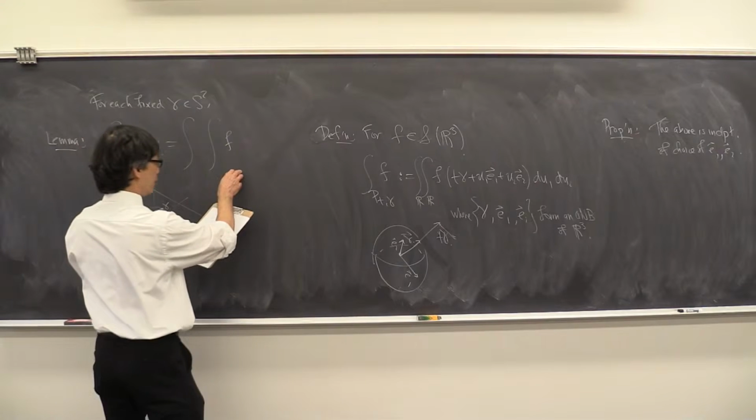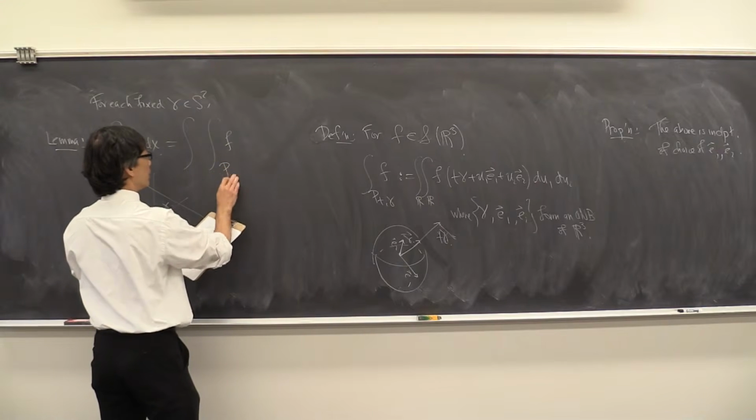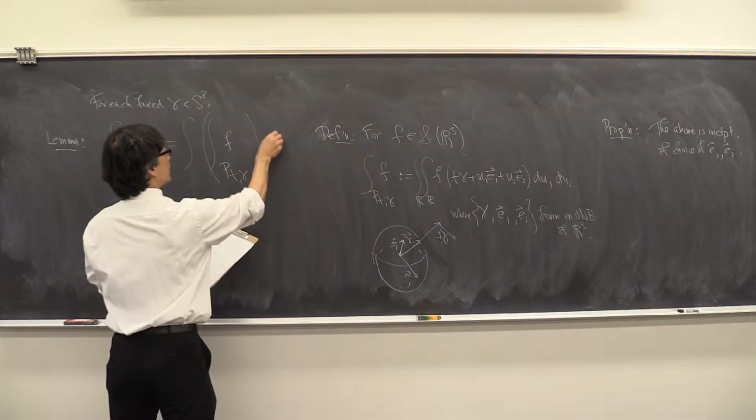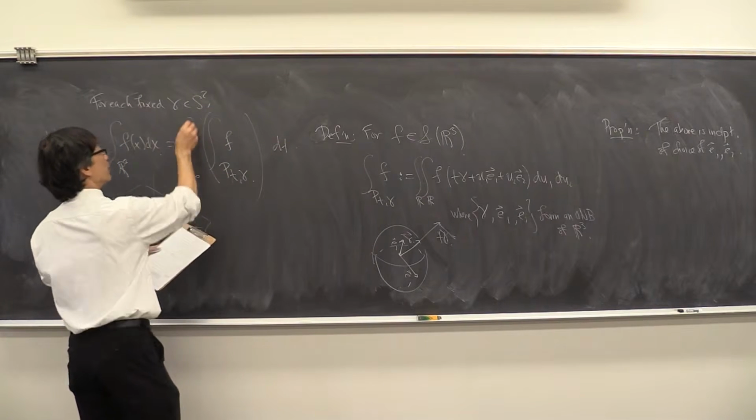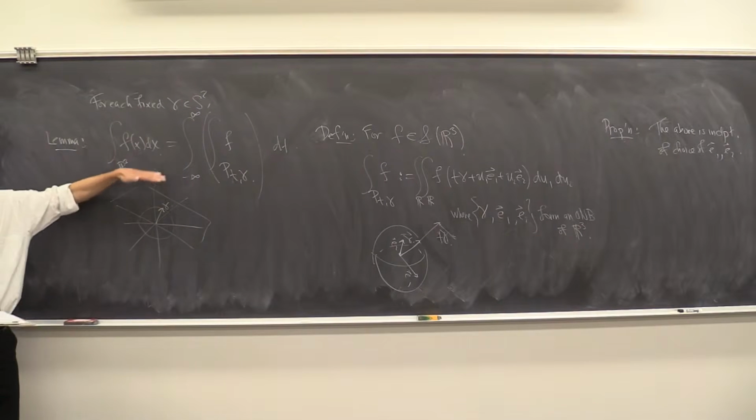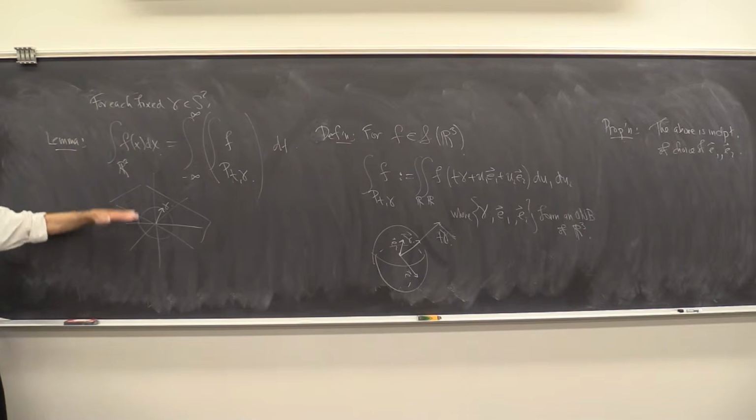We integrate over P of t gamma, and then we let t range from negative infinity to positive infinity. So we're just splitting up R3 into a stack of planes.